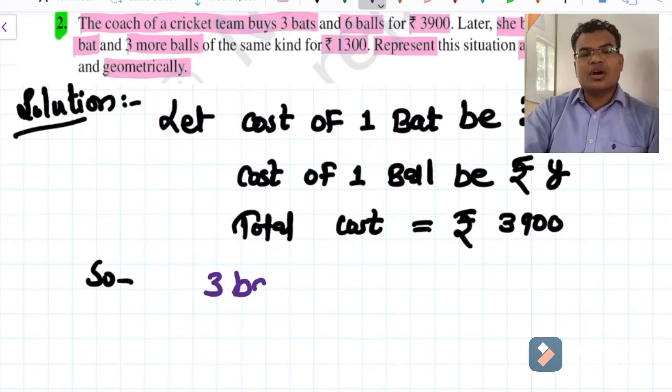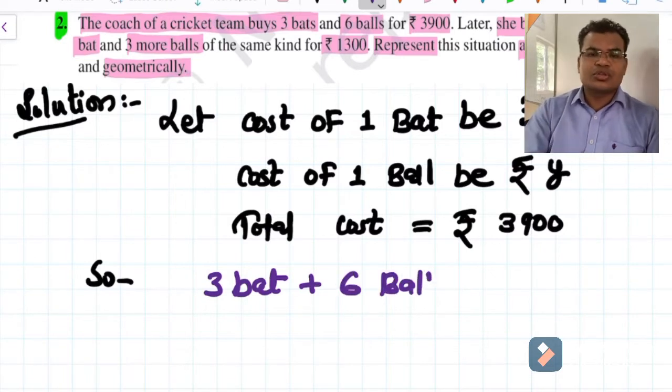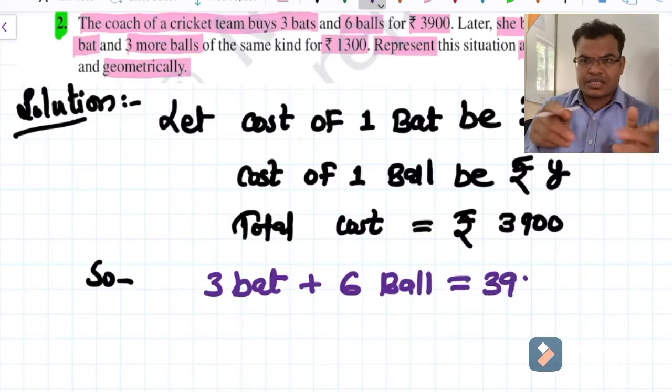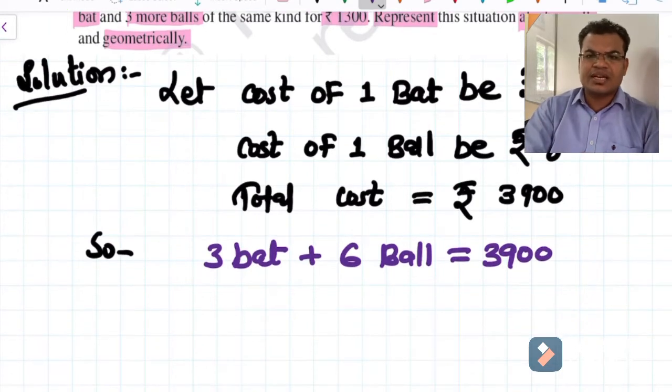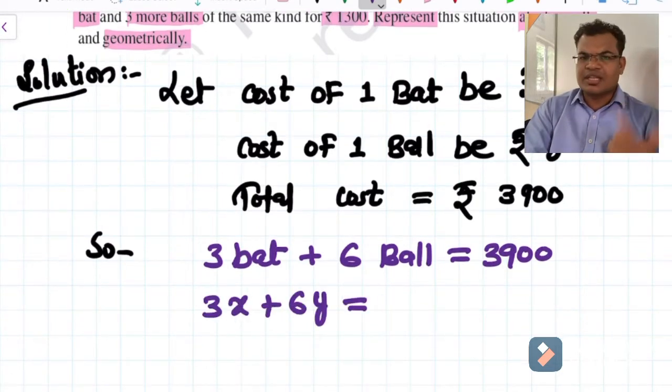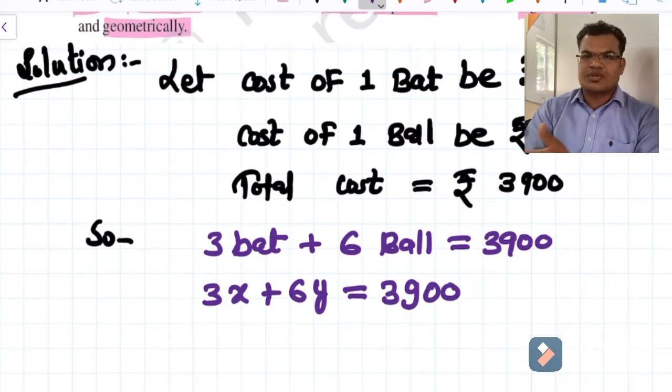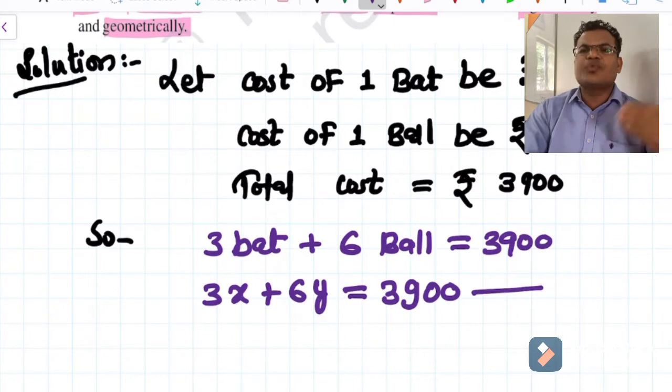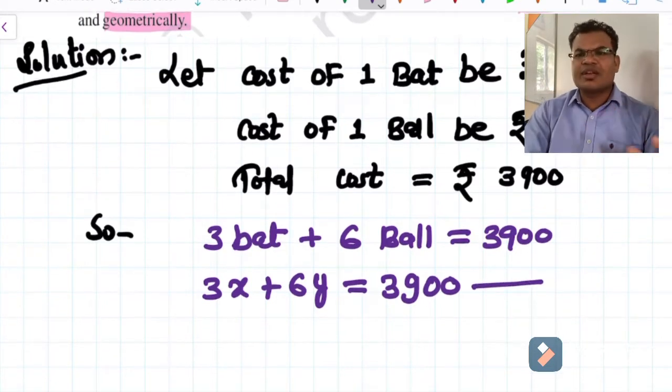So she is purchasing three bats and 6 balls, and the total is rupees 3900. So one bat costs X, so it will be 3x plus 6y equals 3900. This will be equation 1. I think equation 1 is very simple for you.